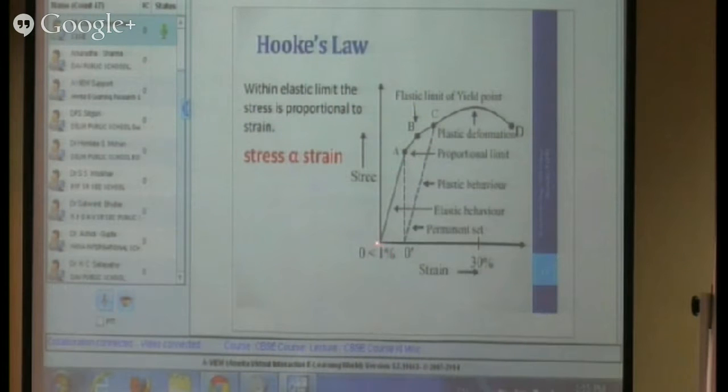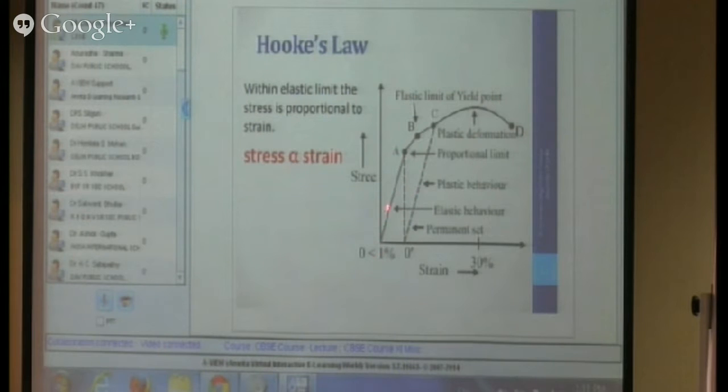For this initial part, it is a straight line. This region is known as the elastic region. From then onward, it is not showing the linear variation. So our Hooke's law is valid only for this part, which we sometimes call a proportionality limit or proportionality region or elastic region. Though there is a small difference, let's not go into that detail.